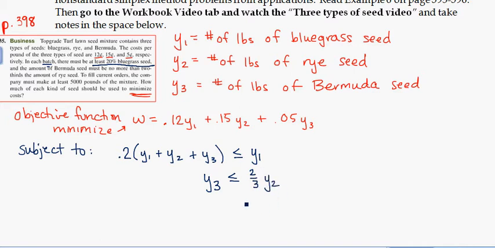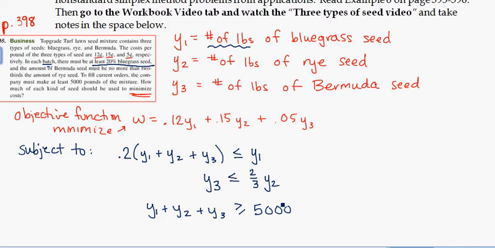And then finally, they tell us that the company must make at least 5,000 pounds of the mixture. So when I think about the whole mixture, y1 plus y2 plus y3, I better have at least 5,000 pounds. This is why I wanted to clarify that my variables are in terms of pounds, so that this last constraint is all in terms of pounds.